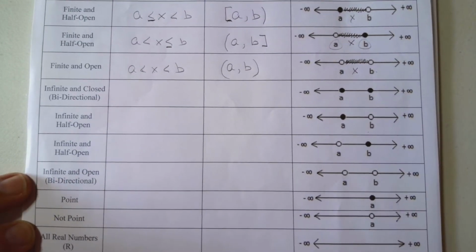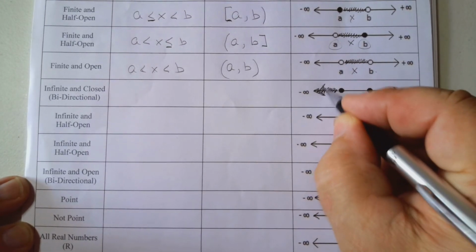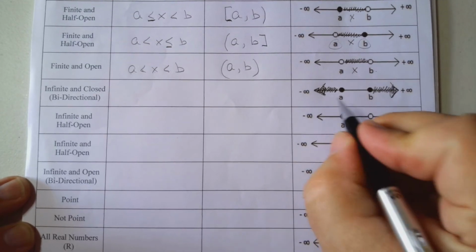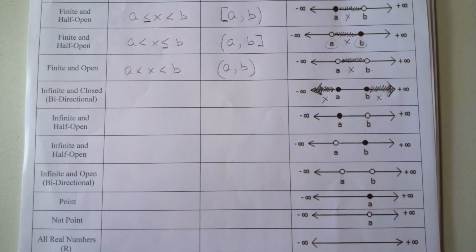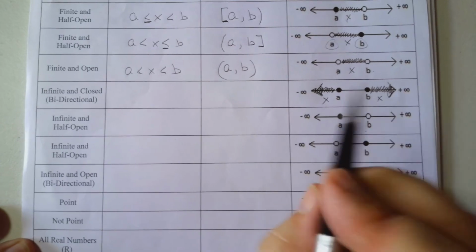Now the infinite enclosed, which means that the graphs go in opposite directions. Remember, these are our x's. We have two sets of solutions here.